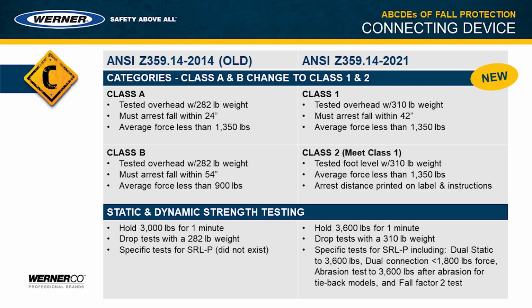We can't talk about connecting devices without emphasizing the importance of understanding the ANSI standard that took effect August 2022 for SRLs. The key component is the evolution of Class A and B to Class 1 and Class 2 SRLs. We'll provide links at the end of this presentation for more detail around Class 1 and Class 2.